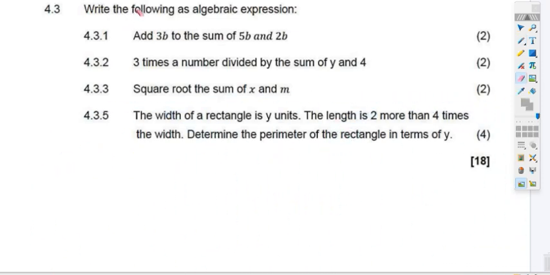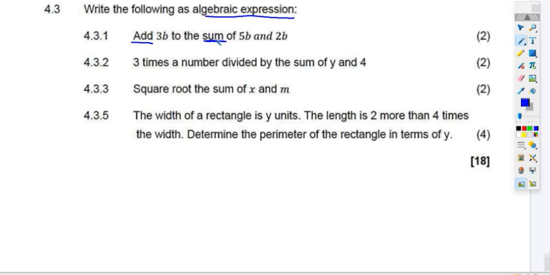The first question, we are writing these given statements as algebraic expressions. Add 3b to the sum of 5b and 2b. This is the keyword, and this one. These two words, they mean the same. Sum is another way of saying addition, right?